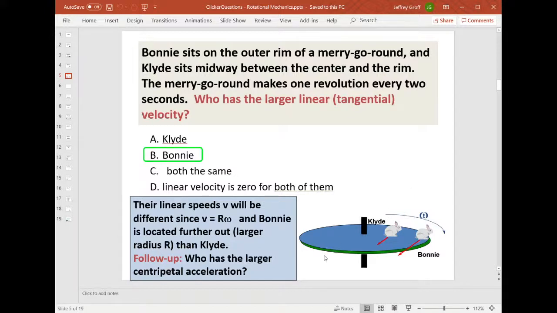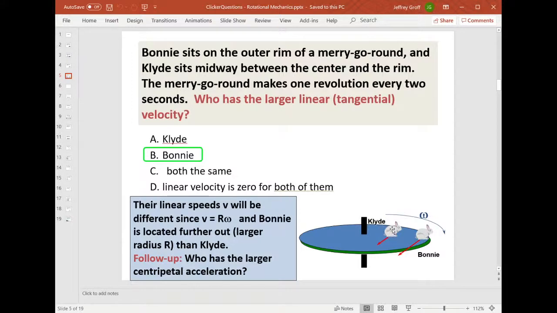So, if you think about a concrete example here, if the radius of this merry-go-round is 2 meters, then Bonnie is going to go around the circumference, which would be 2 pi times the radius, 4 pi meters every 2 seconds.